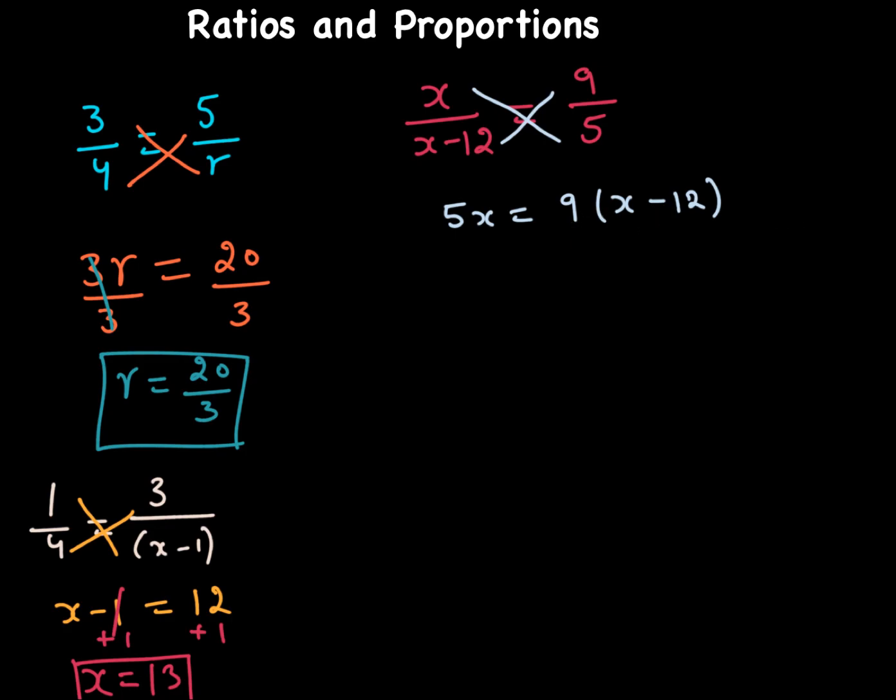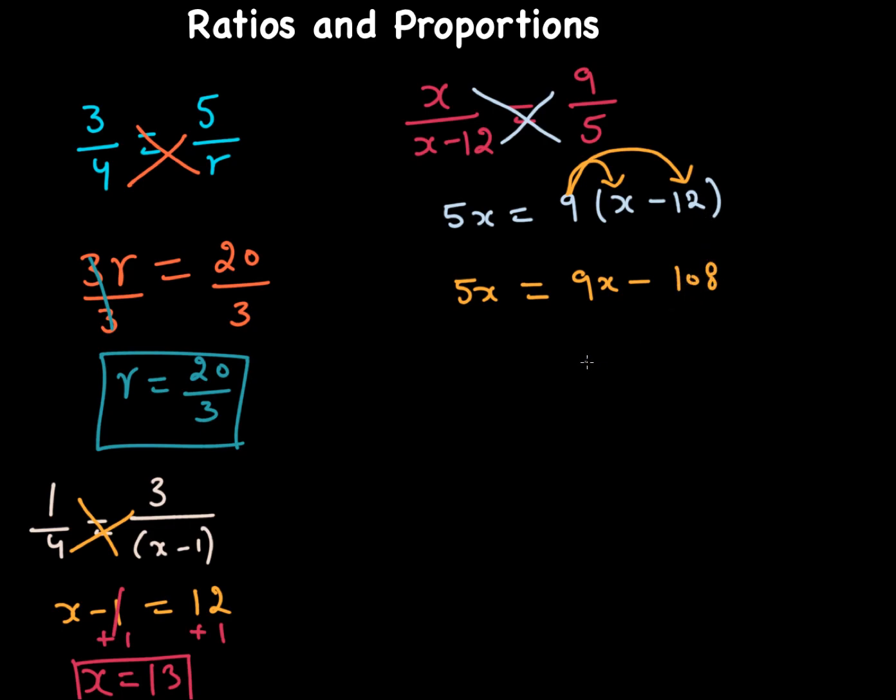Remember the distributive property. We're going to distribute this 9 over these numbers. First multiply it by x, then by 12. So this gives me 5x is equal to 9x minus 9 multiplied by 12, which is 108.